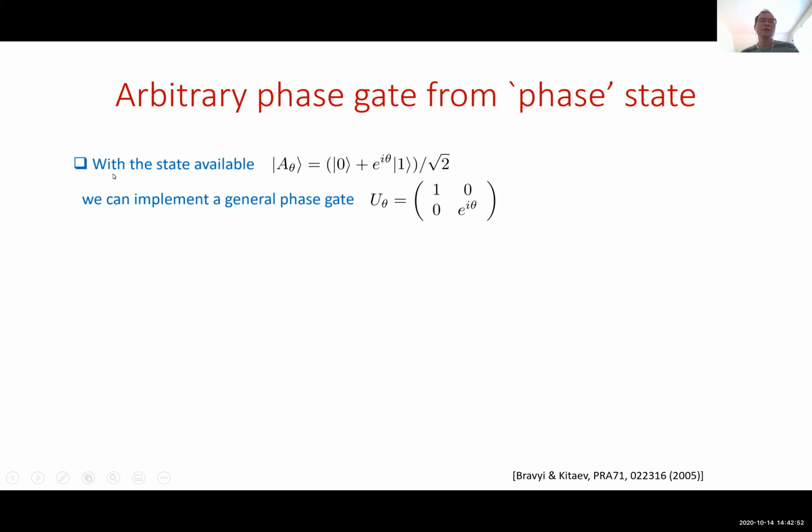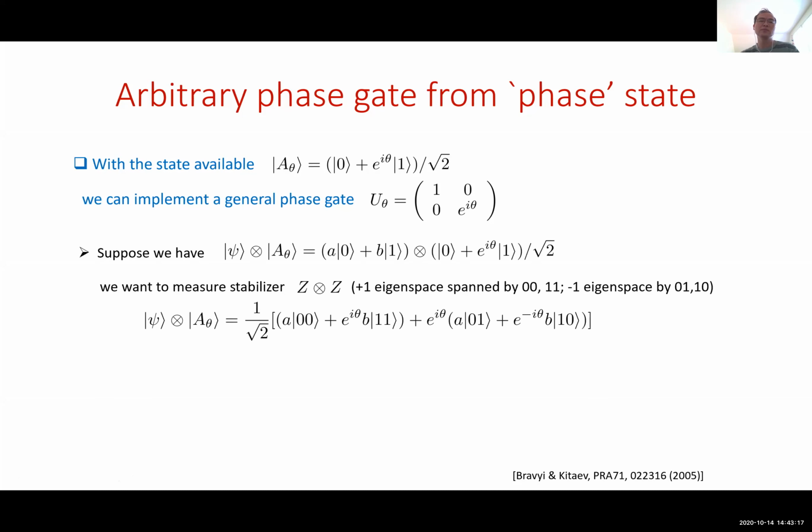It is interesting that if you have this state, you can use it as a resource to implement a general phase gate. The phase gate I denote as U theta, where theta is the angle in this phase state. So we're going to see how it goes.